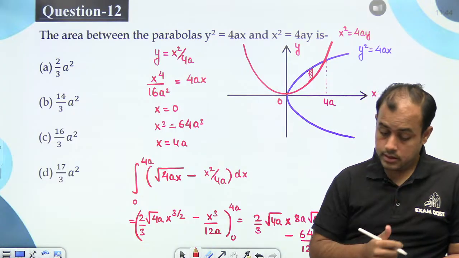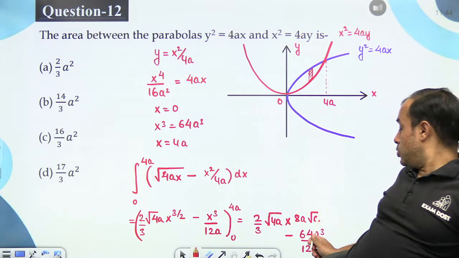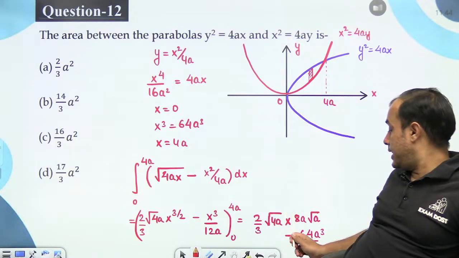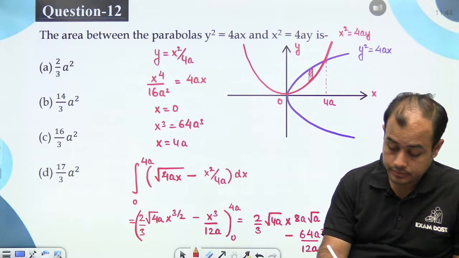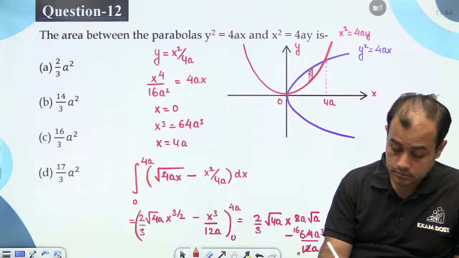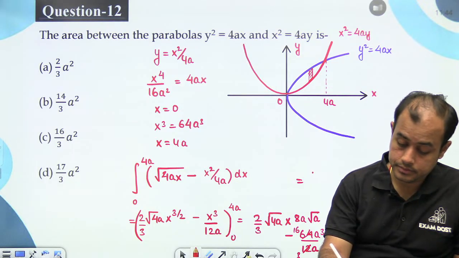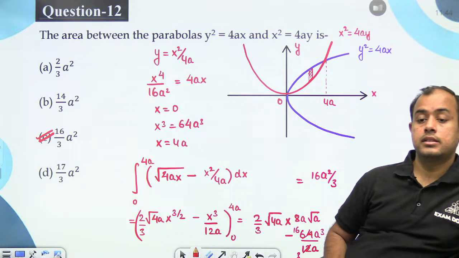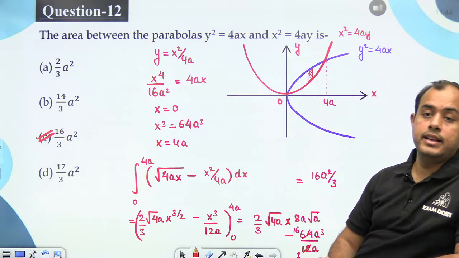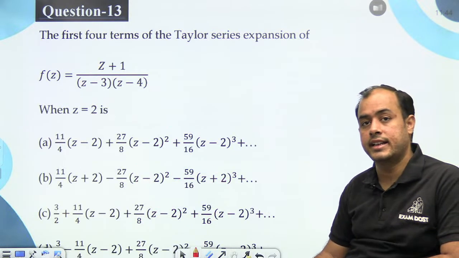Okay. So root a into root a will become a square, 8 to 16, 32 by 3, 16 by 3. 16 by 3 a square. Okay, that is the area.